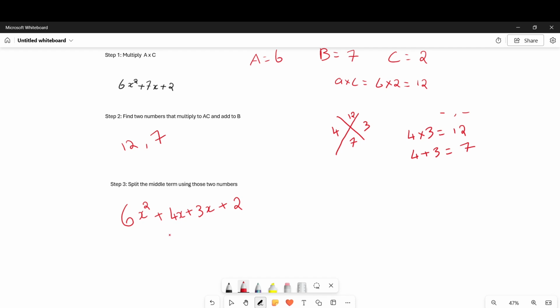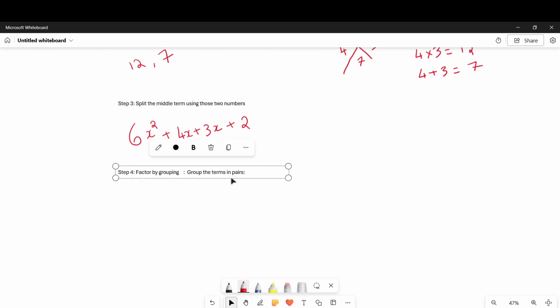Then what do we need to do next? Factor by grouping. Group the terms in pairs. Here we have 6x and 4x, so from 6x plus 4x I can factor out 2x. What remains here is 3x.